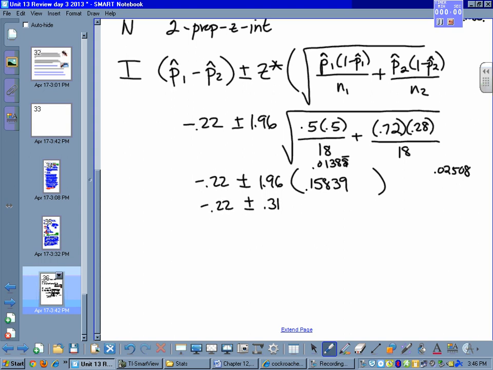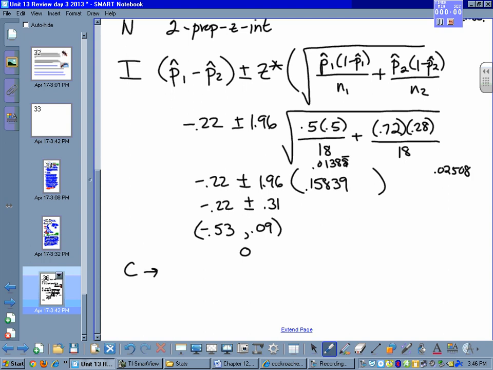And so if I take 0.31 plus negative 0.22, I get 0.09. And if I take negative 0.22 minus 0.31, I get negative 0.53. So this definitely contains 0 in here. So we can't say that there is a difference.